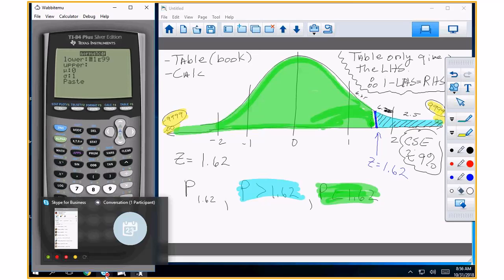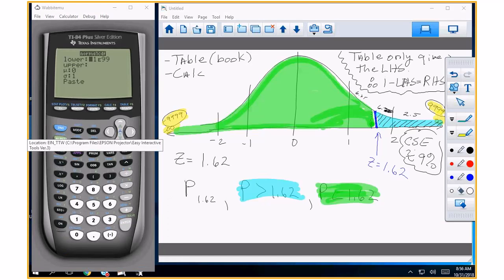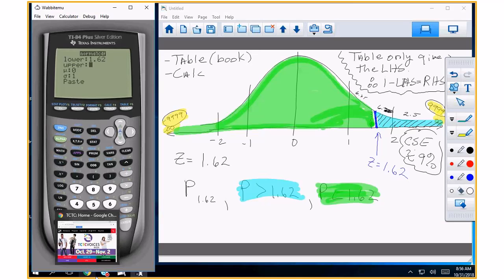Okay, so what's our left-hand side of the blue area? 1.62, Hubert. So we type in 1.62. We read from left to right, so what would our upper be? 9999.